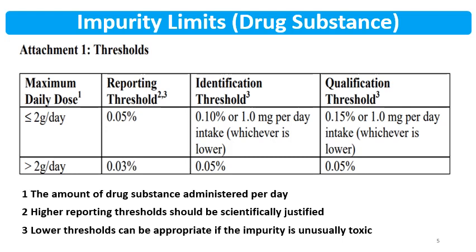And whatever the justification is provided, that should be scientifically true. Then lower threshold can be appropriate if the impurity is unusually toxic. Like the toxic word is coming many times, so you can relate this to the nitrosamine and genotoxic impurities for your easy understanding, because the genotoxic impurities and the nitrosamine impurities have a very less threshold for the drug products, because these are very toxic in nature, and these are also known as cohort of concern.